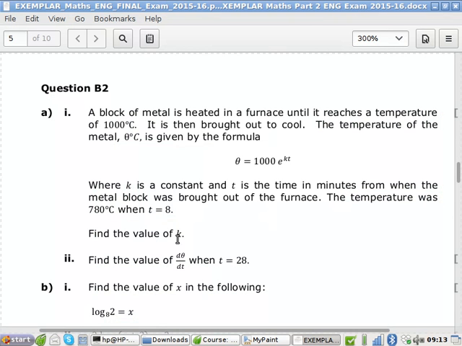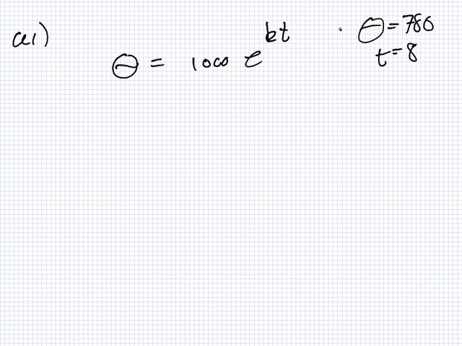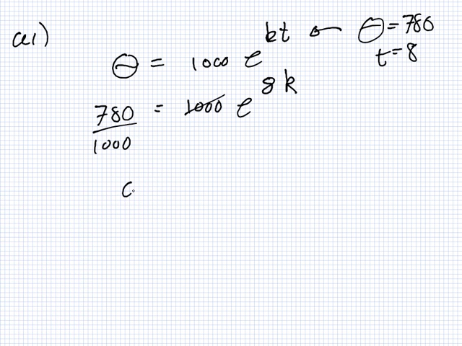So find the k. Right, so if we put that in there, we get 780 equals 1000 e^(8k). Yeah? Now, in a second we'll need the calculator. So, if I divide both sides by 1000, I get 0.780 equals e^(8k).